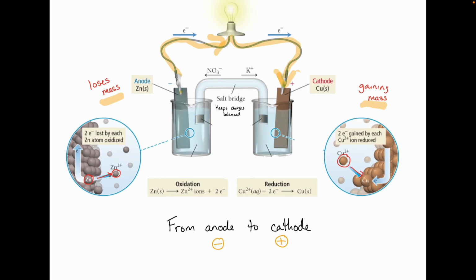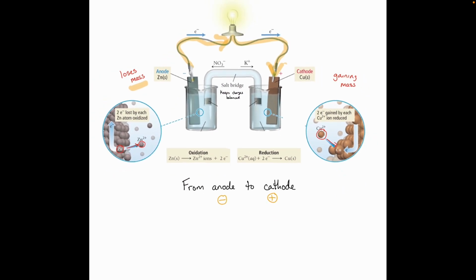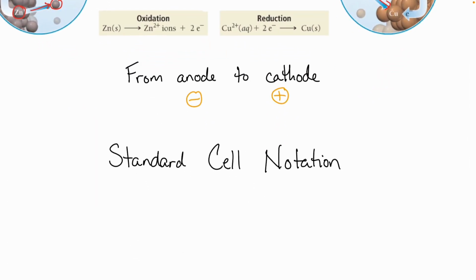Okay? So we have this special way of summarizing the contents of a battery using what's called standard cell notation. Cell is a word that you hear a lot when talking about batteries.